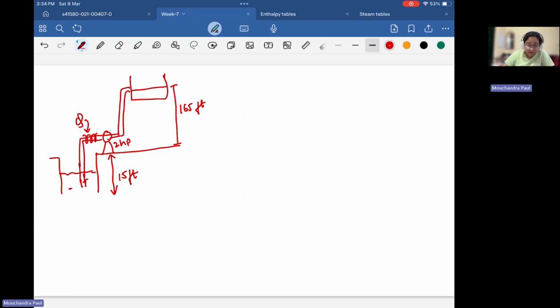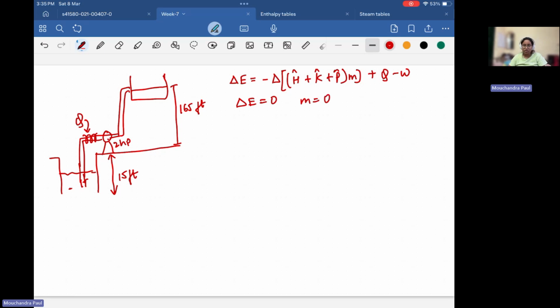So let's write the energy balance equation for an open system. If you remember, this was the general form. Now there is no accumulation of energy, so delta E is 0. There is fixed mass of water that is being transferred from the well to the tank.